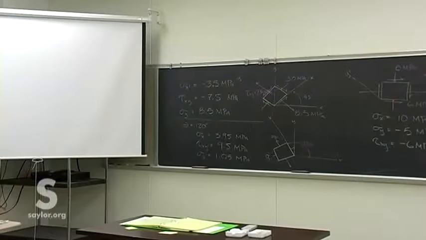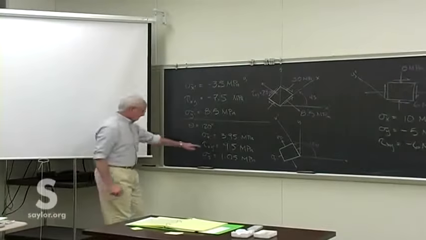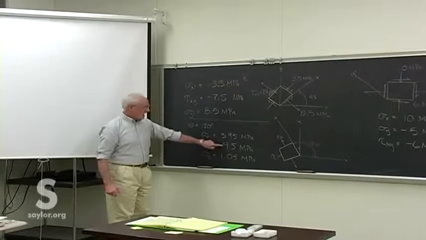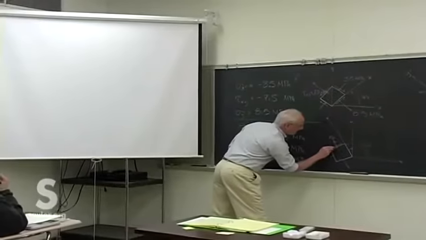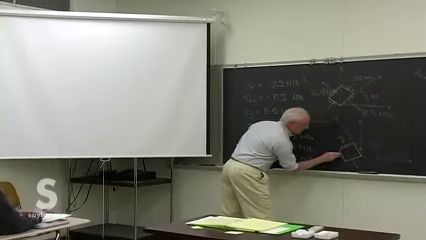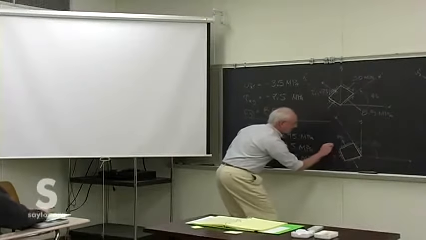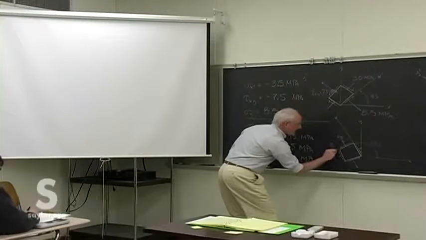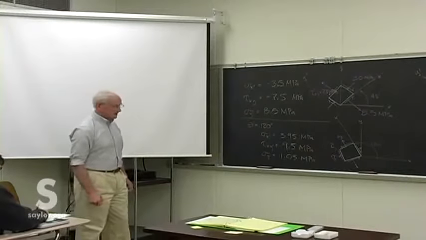That's easy. Positive normal stresses are easy to draw. X prime, Y prime, remember that's positive on the X face, which puts it in that direction. And that's a positive 9.5.